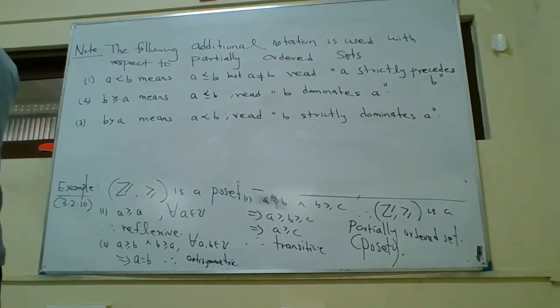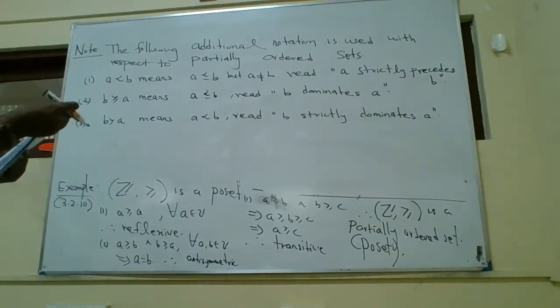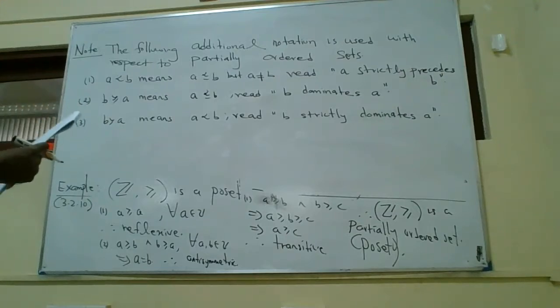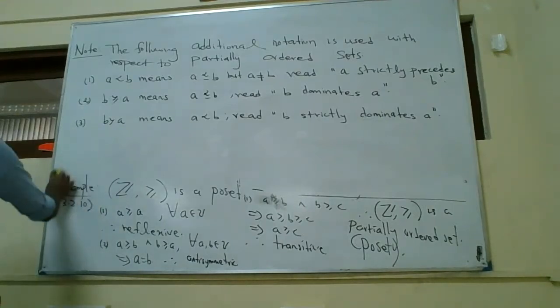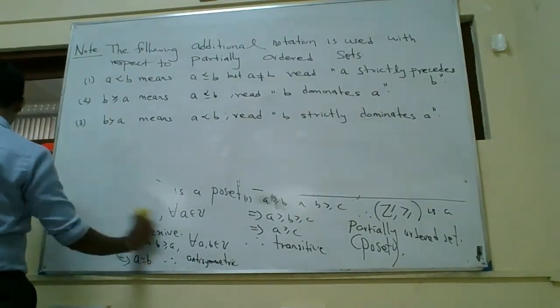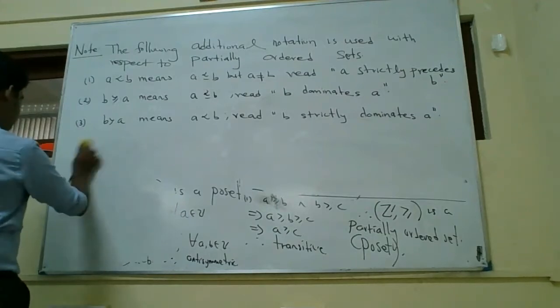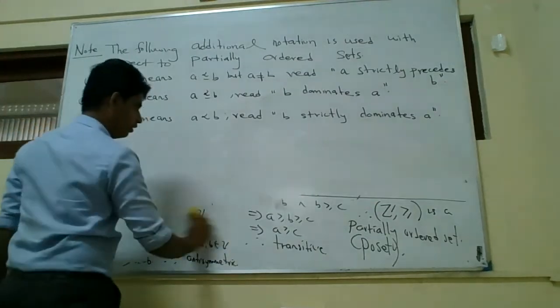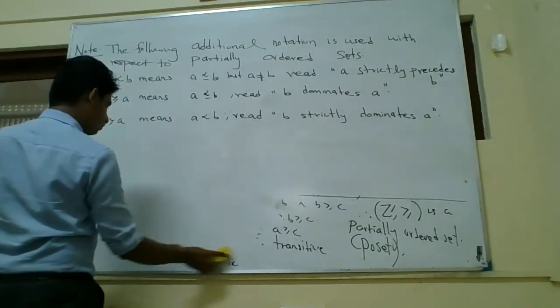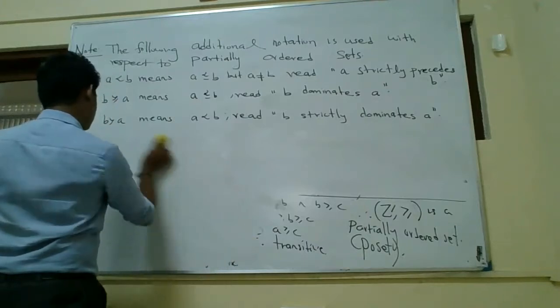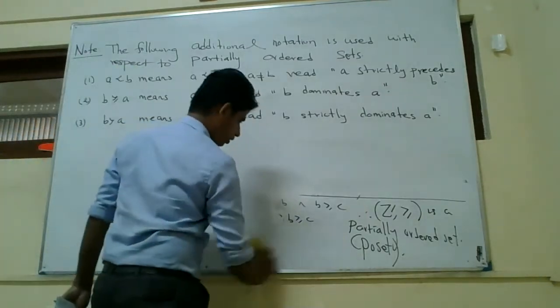Now, next remark. In the poset, the notation A precedes B means (A, B) is related by R, that is, (A, B) belongs to R for a particular relation.